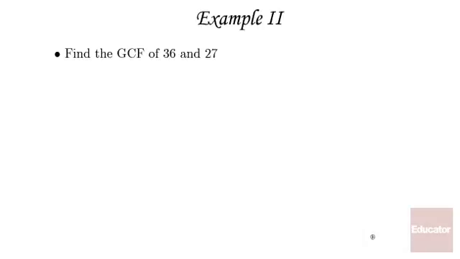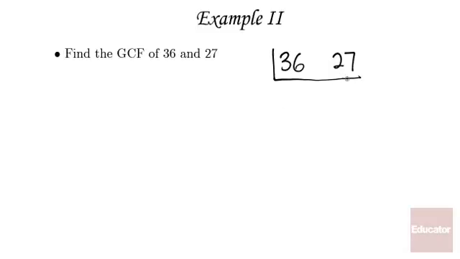Okay, the next example with 36 and 27. These numbers are a little bit bigger, so you just have to take one common factor out. So we have 36 and we have 27.